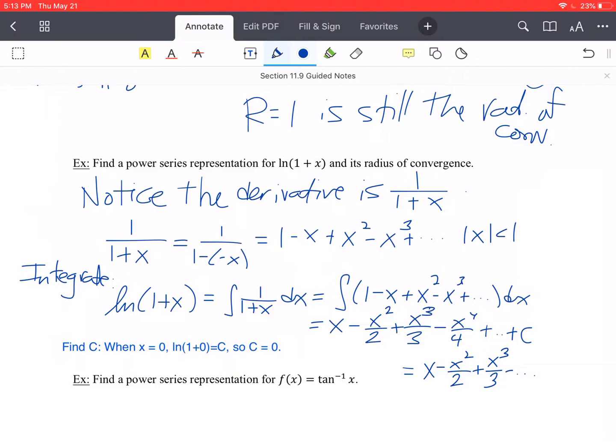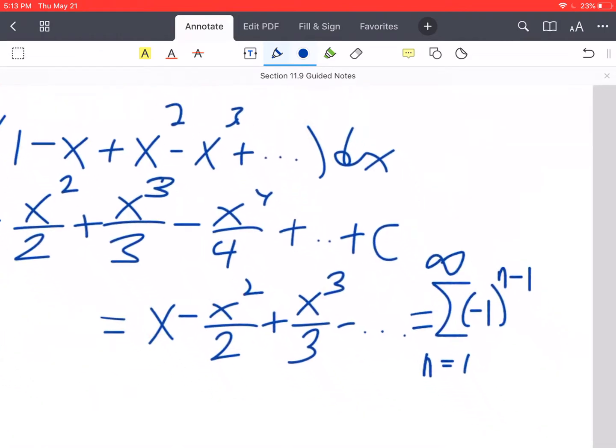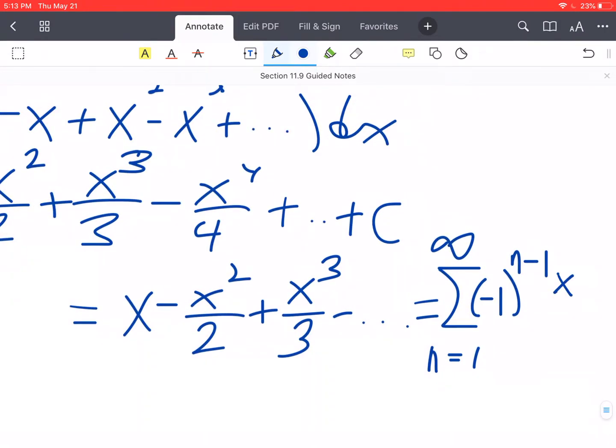And then we can even write the summation notation here: the sum from n going from 1 to infinity of negative 1 to the n minus 1 times x to the n over n, with the absolute value of x being less than 1.